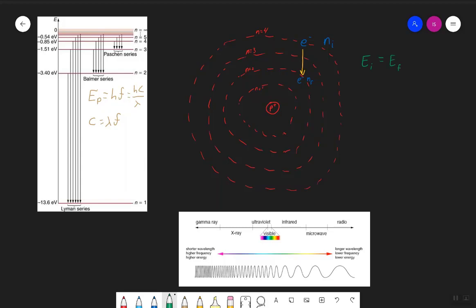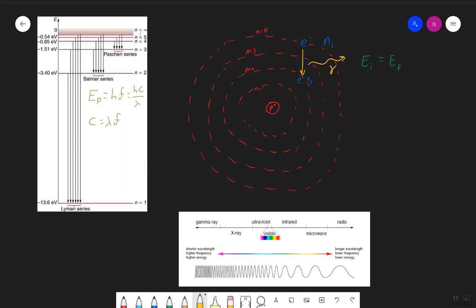Notice it starts with this high energy here, and then it goes down to a lower energy. Well, where does the rest of the energy go? That's where we have to use a photon. When it falls down, it has to release that energy somehow, because it starts at high energy and ends at low energy, so it has to release the energy in the form of a photon, which we sometimes write as gamma.